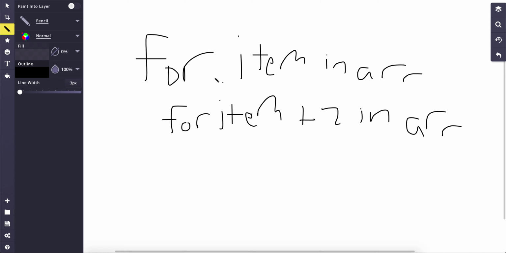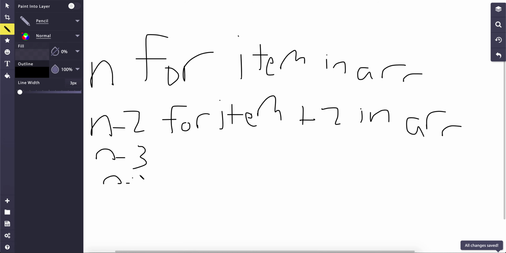So for this, at the worst possible case scenario, we don't have a palindrome in our thing at all. So we would do this n times for the number of items in the array, and then for this we would do this like n minus 2, n minus 3 as we progress along this for loop right here.